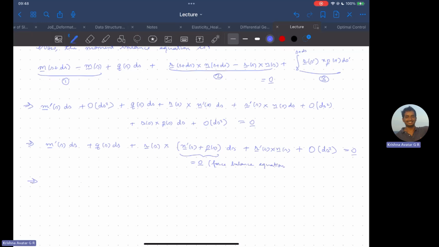And then we can rearrange everything as m vector of s plus r vector of s plus q vector of s, dividing throughout by ds. So there will be one ds here as well.